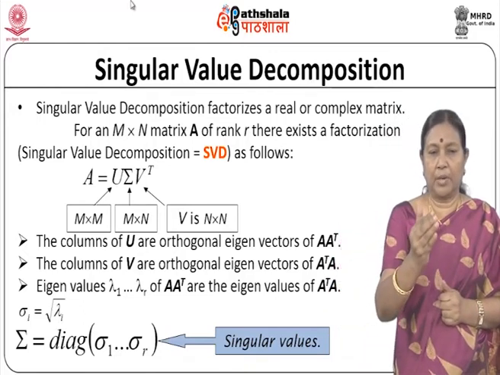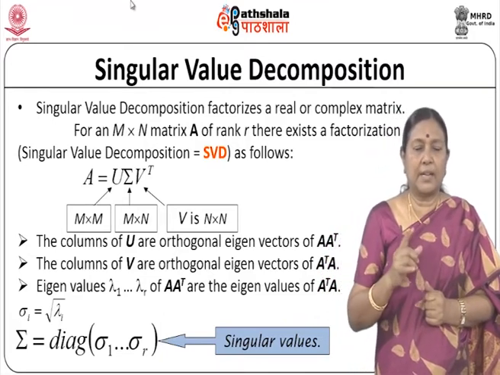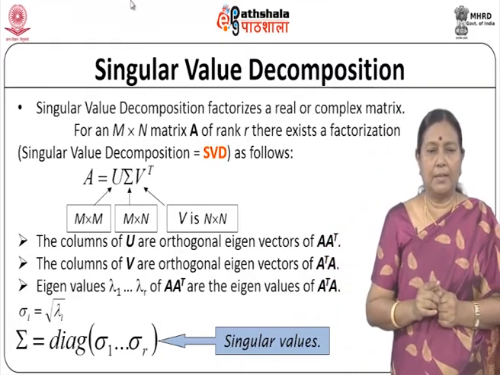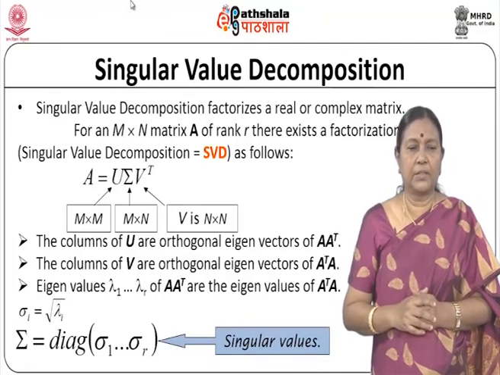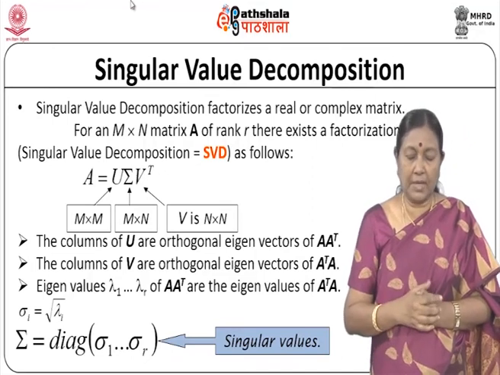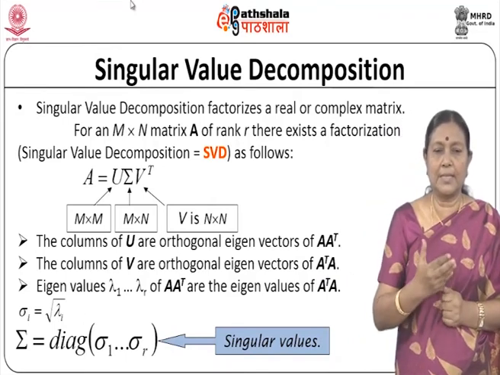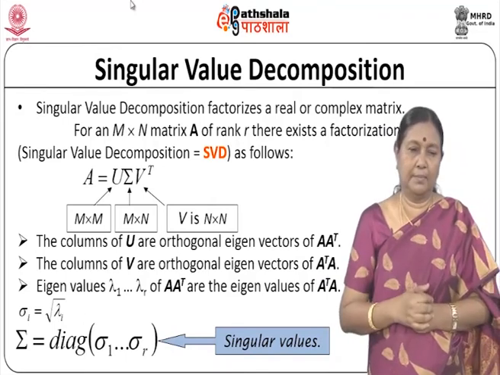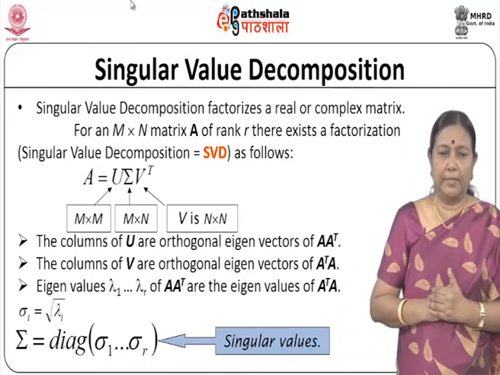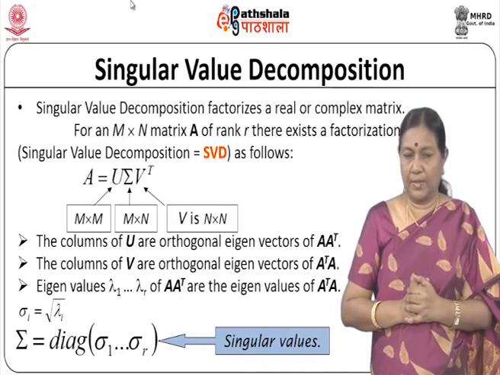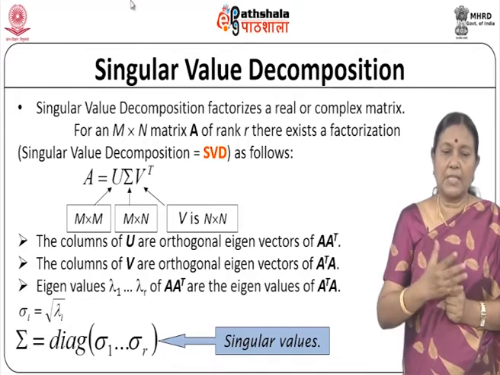Columns of V are orthogonal eigenvectors of A transpose A. Eigenvalues lambda 1 to lambda r of A A transpose are the eigenvalues of A transpose A. And sigma is the square root of lambda. Sigma is the diagonal matrix with values sigma 1 to sigma r. These are called singular values.